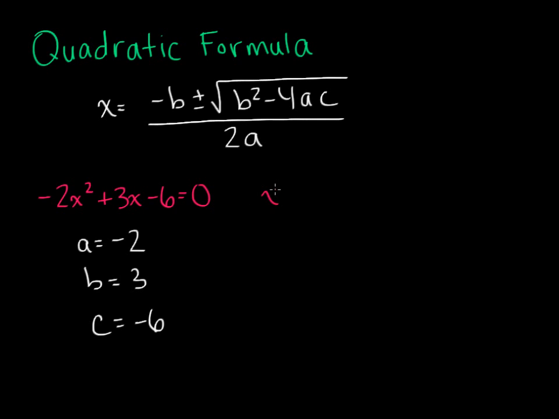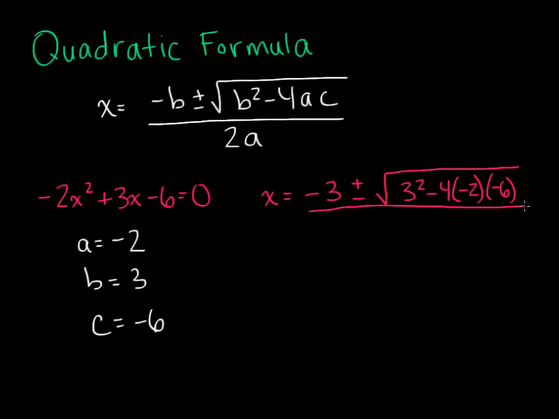So we've got x is equal to negative b, so negative 3, plus or minus the square root of 3 squared, minus 4 times a, which is negative 2, times c, which is negative 6, all over 2 times a, which is negative 2.